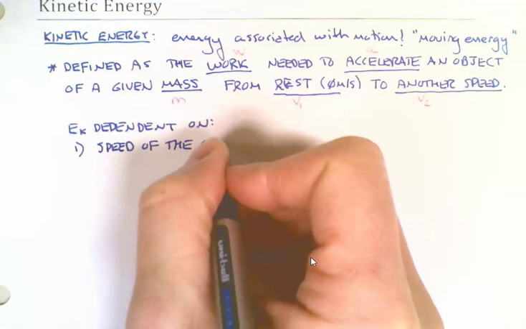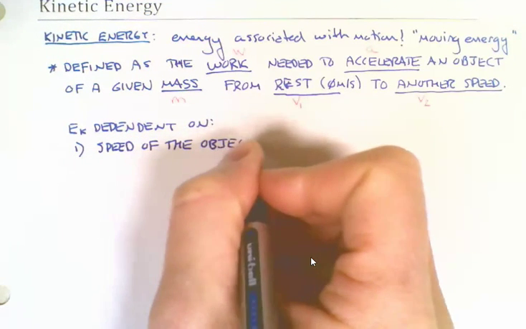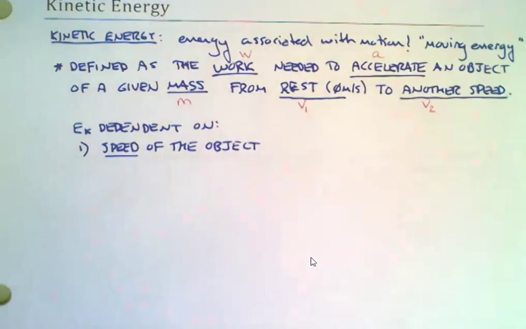Now, clearly, this makes sense. An object that's moving faster will carry more kinetic energy than an object that's moving slower. But it's not just dependent on that, because I could have two objects like a turtle and a transport truck. And if they're both moving at the same speed, many of you would argue that the transport truck would have more kinetic energy than the turtle.